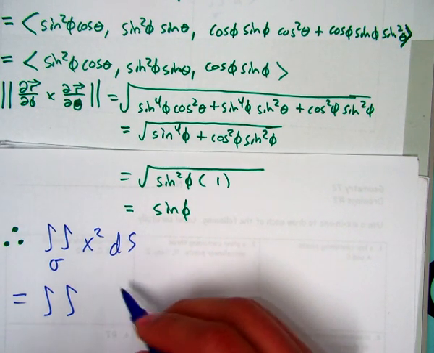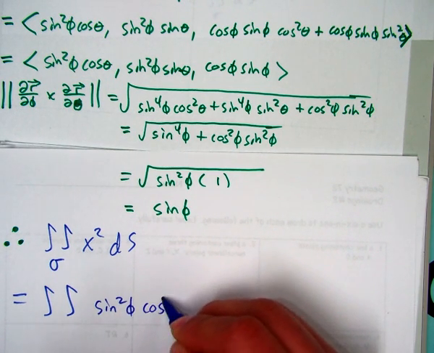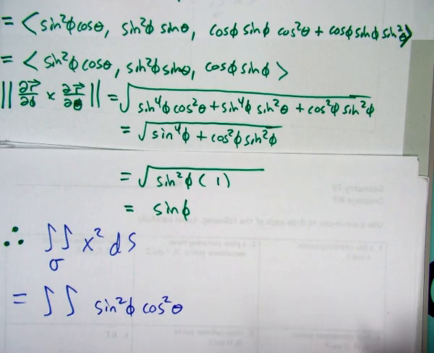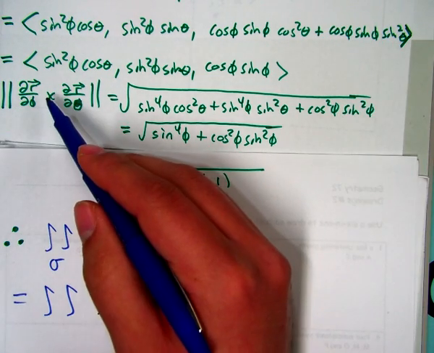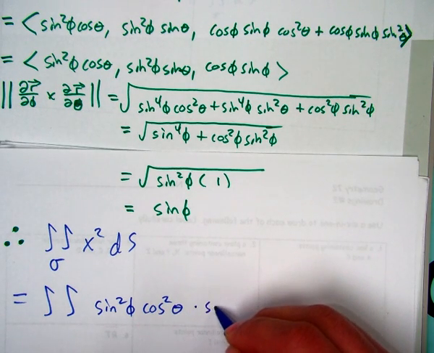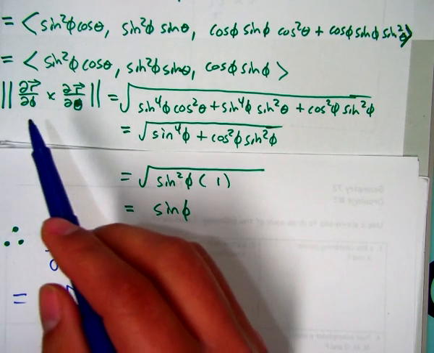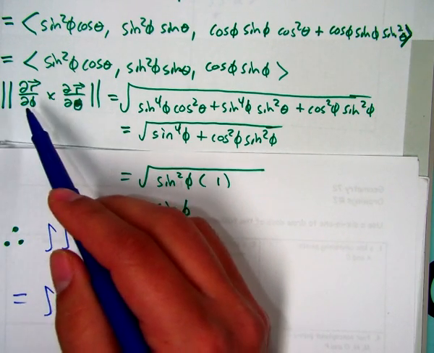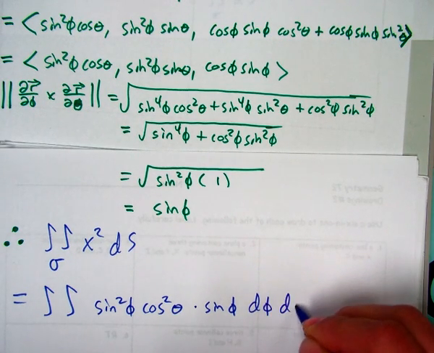So that'll be sine squared phi cosine squared theta. And now we need the magnitude of the cross product, which was sine phi. And we changed our parameterization to phis and thetas, so we're going to do d phi, d theta.